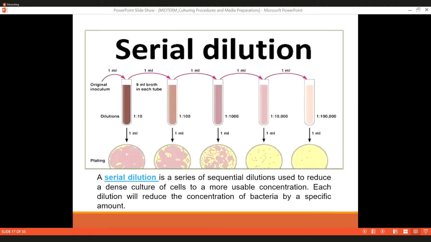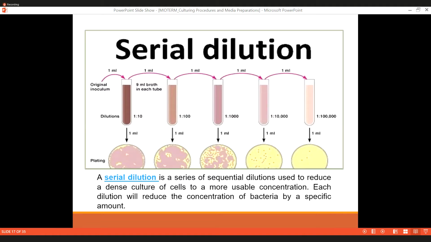So, this is our serial dilution. It's a series of sequential dilutions used to reduce a dense culture of cells to a more usable concentration. Each dilution will reduce the concentration of bacteria by a specific amount. Try to notice the arrow, class.